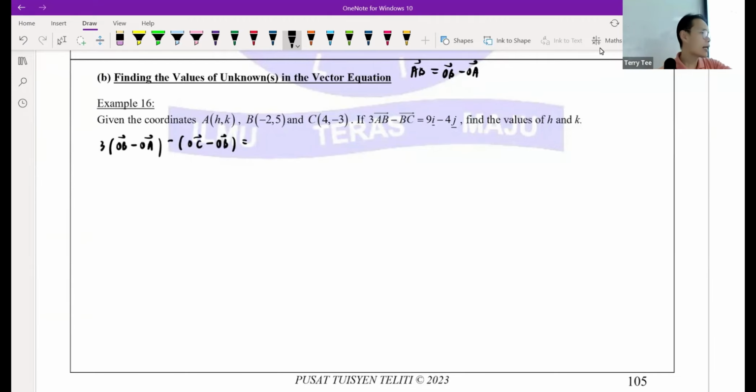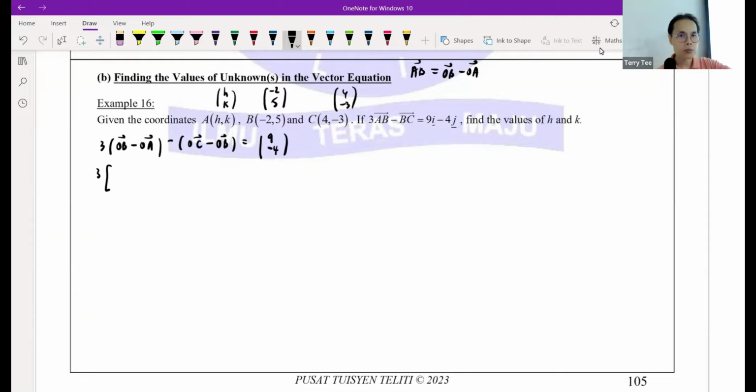But instead of writing in IJ form, I think it's better to write in column vector form, like this. You can substitute inside directly, because we know OA is basically, if you write in column vector, just (H, K). OB is basically (-2, 5). OC is basically (4, -3) if you write in column vector.